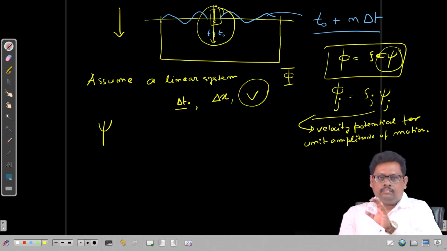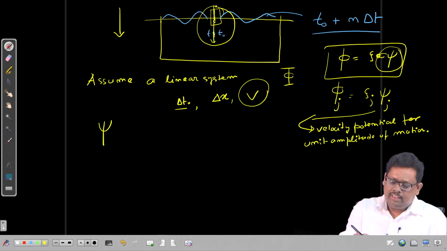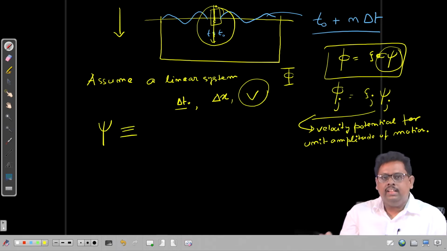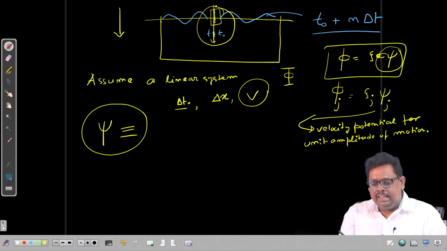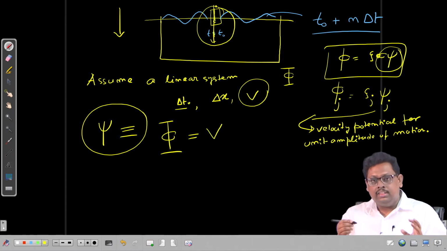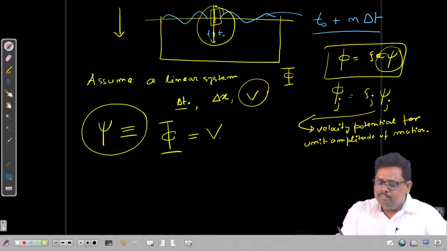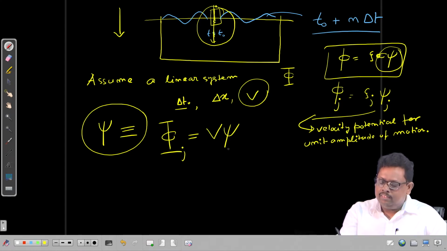Having said that, we know this concept, so definitely we can call this psi a normalized velocity potential. Therefore, the total velocity potential phi is equal to v, which is the magnitude with which I am throwing the object, multiplied by this normalized velocity potential psi, right.